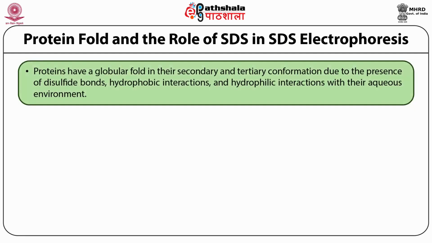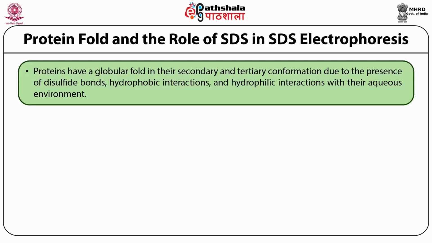A functional protein therefore has a three-dimensional structure resulting from hydrogen bonding, hydrophobic interactions, salt bridges, van der Waals forces, and disulfide bonds. So for optimal separation during electrophoresis, the secondary and the tertiary structure of the protein must be broken down.